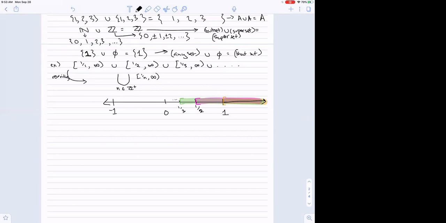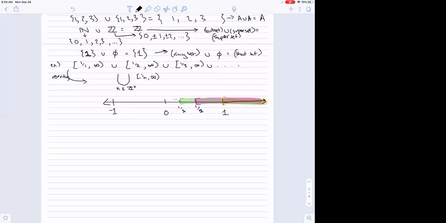It's impossible. But okay, does anybody have any idea of what this union should look like? Looking at the picture, what do you think it should look like as we keep adding more of these intervals to this union? As n is going to infinity, what do you think this union should be going to?